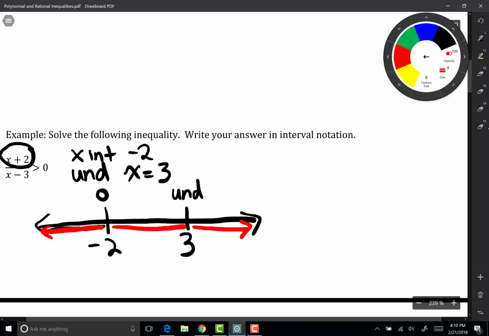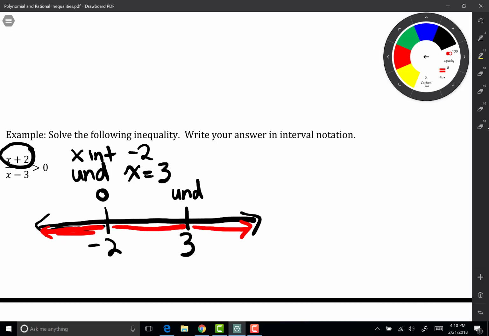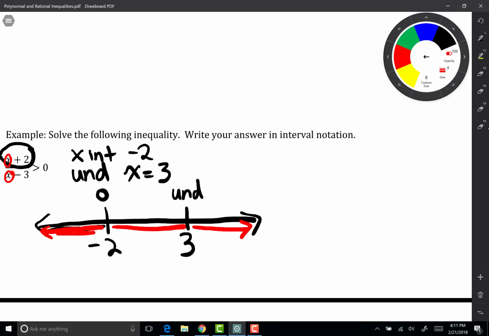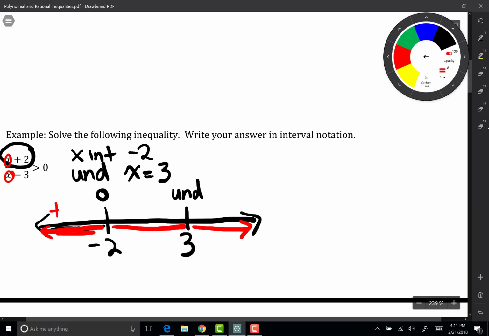So I'm going to pick a test point on this interval right here. I'll pick, say, -3. If I pick -3 to plug in and test it, I'm going to plug in -3 here and here, for my x's. If I plug in -3, I'm going to get a positive number. Now I'm going to pick something on this interval right here from -2 to 3.